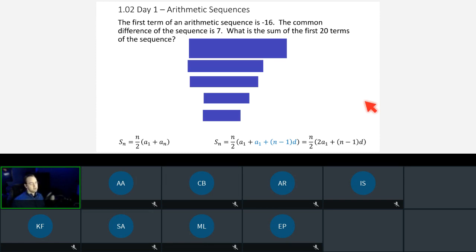The r is the common ratio. It is for geometric sequences and series only. If it has the variable d in it, that is the common difference, which is only for arithmetic sequences and series. Keep that in mind. Some people were just picking out, oh, S sub n, that's sum, so it has to be this one.